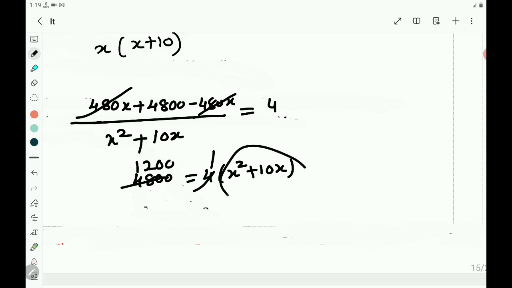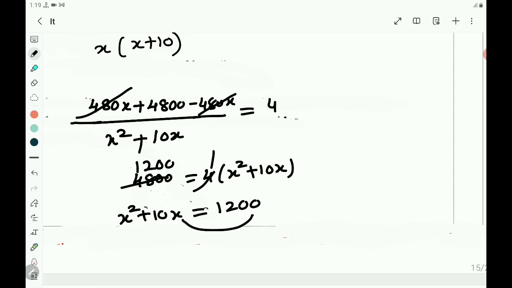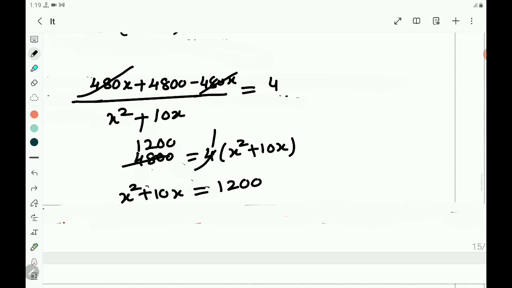Then you get x square plus 10x equals 1200. Then you transfer this 1200 to the LHS, and you get the quadratic equation in the standard form.